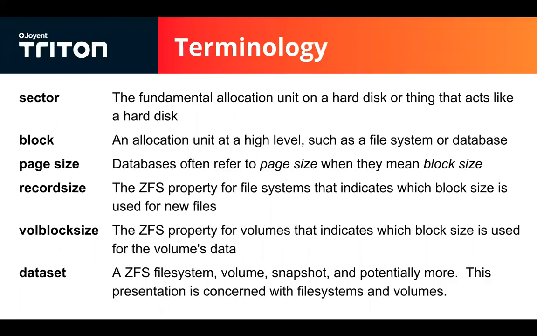Databases commonly call it a page size. ZFS has a couple names for blocks. When dealing with a ZFS file system, it's record size. When dealing with a volume, it's vol block size. Also, a lot of people equate the term dataset as a ZFS file system, but dataset is a generic term that covers other objects like volumes and snapshots. And here, when I talk about dataset, I'll either be talking about a file system or volume.